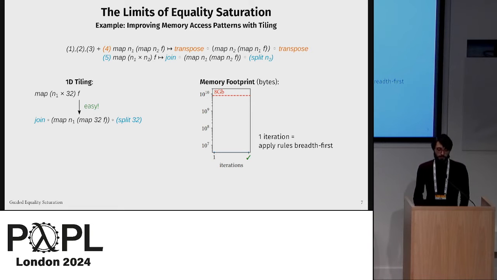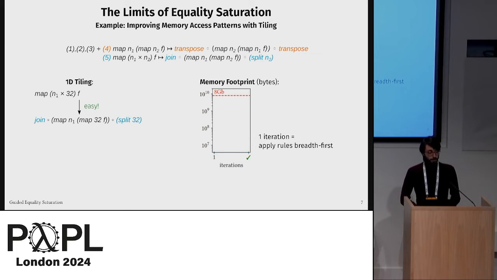And that, to be brief, is used to improve memory accesses. So we add rules 4 and 5. And now we can perform things like one-dimensional tiling.